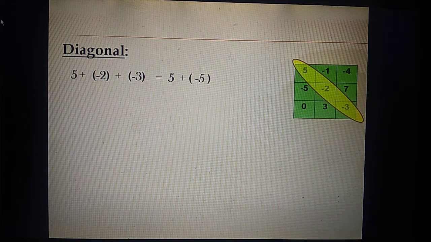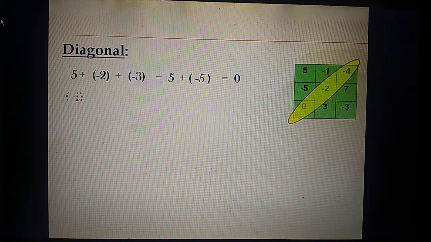We will get minus 5. Same value, different sign, 0. Now check the next diagonal, the last diagonal. Now add all the values. I am starting from the top. Minus 4, minus 2, 0. Add the first two values, it's minus 6 plus 0. Now as you can see, adding 0 to a negative integer, you will get the number itself.